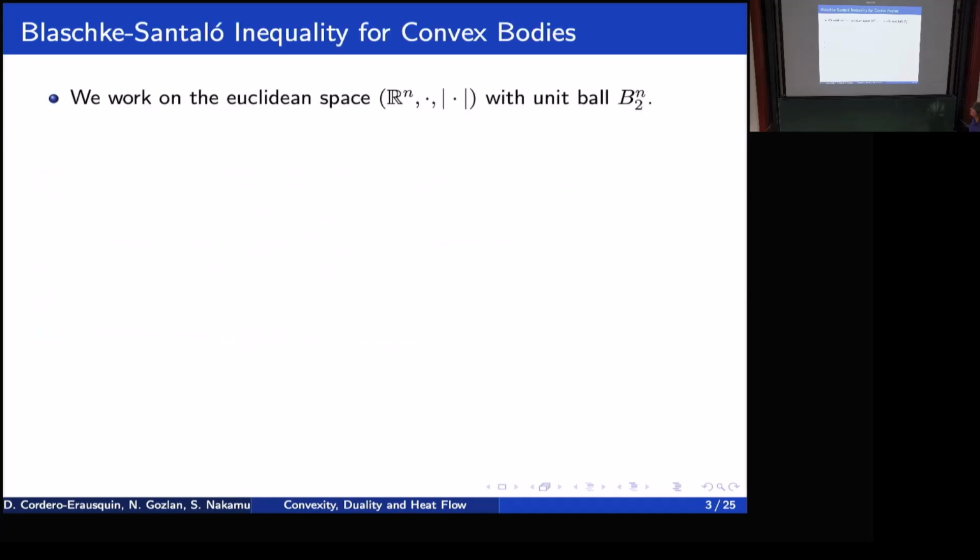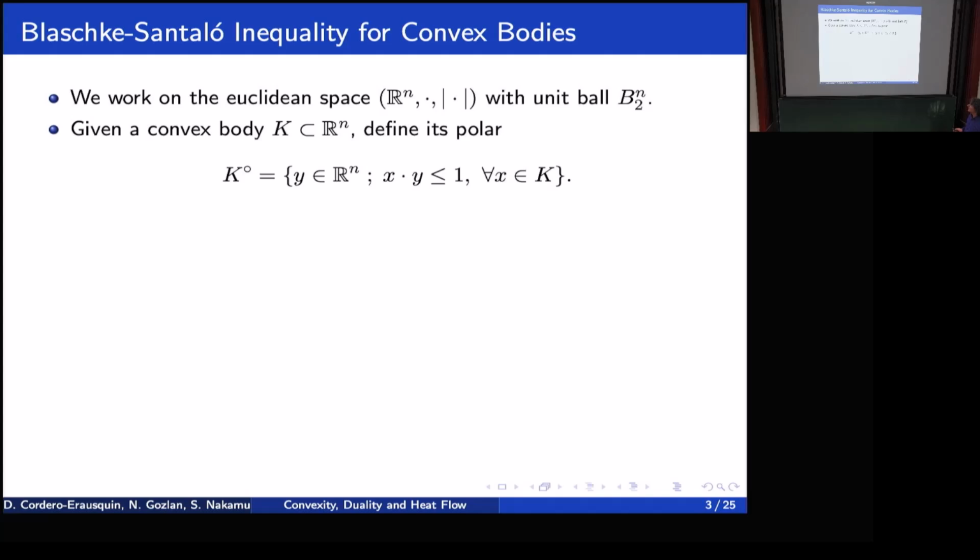Okay, so we are working on R^n. I will denote B_2^n the Euclidean ball. We already saw this notation. Given a convex body K, I will denote K polar, this set. So it's the set of all hyperplanes tangent to the boundary, the convex hull of this.